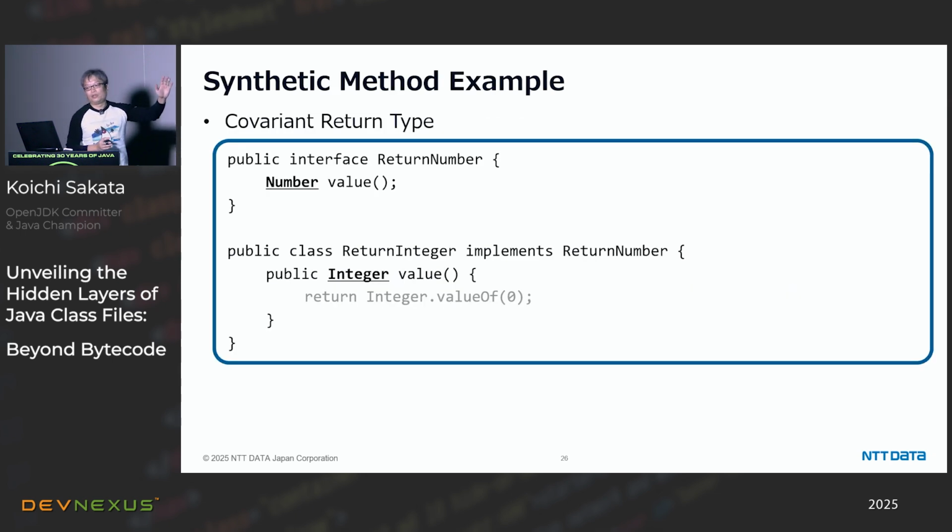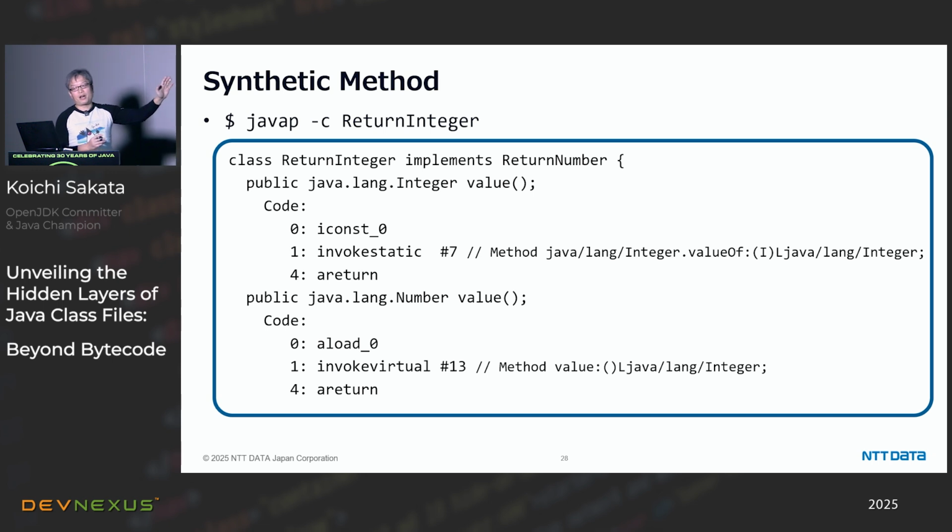For example, you can see a synthetic method when using covariant return types. Let's say an interface has a value method that returns a number. The ReturnInteger class has a value method that returns an integer, which is a subclass of number. This means that the interface is implemented.